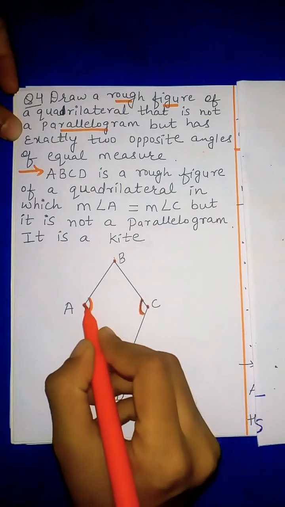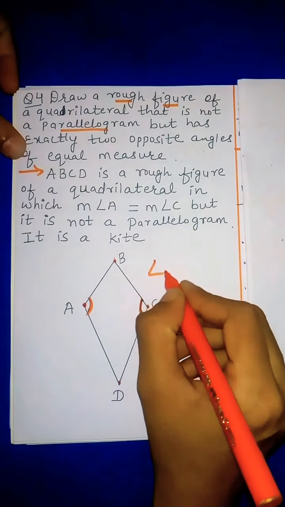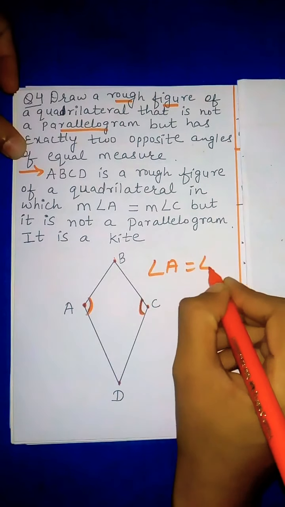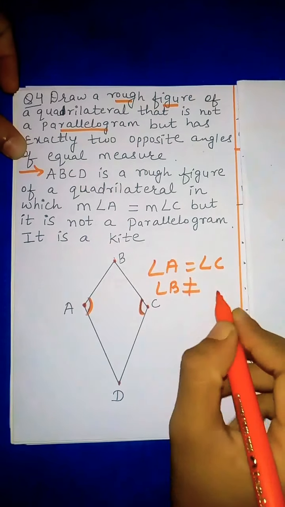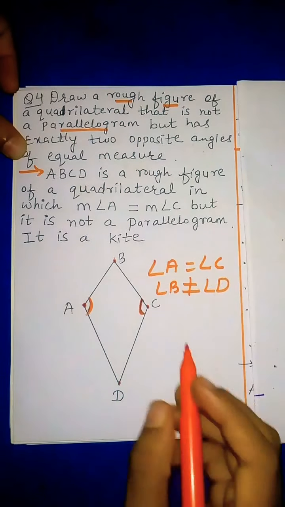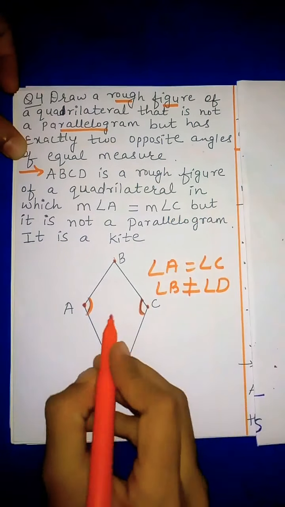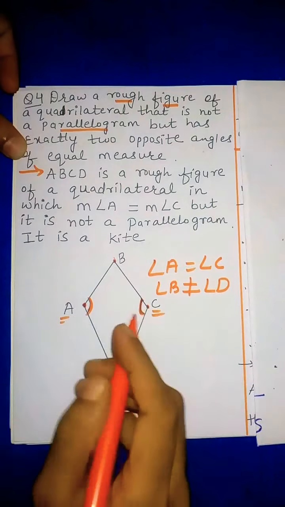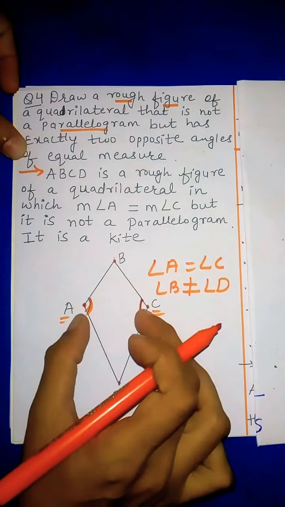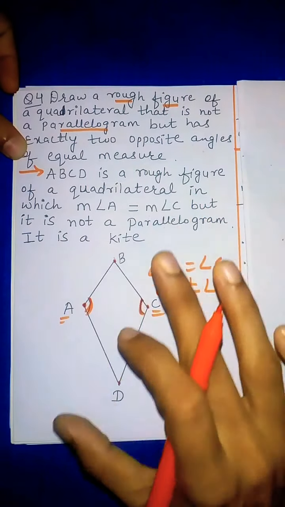So angle A and angle C are equal. Angle A is equal to angle C, but angle B is not equal to angle D. So these two opposite angles are equal and these both are not equal.